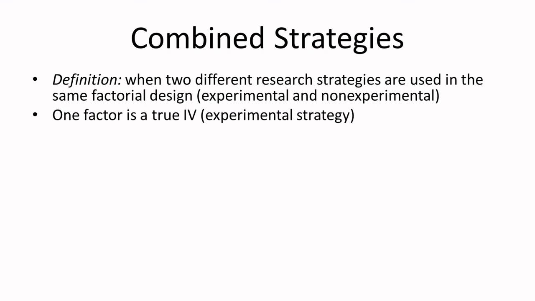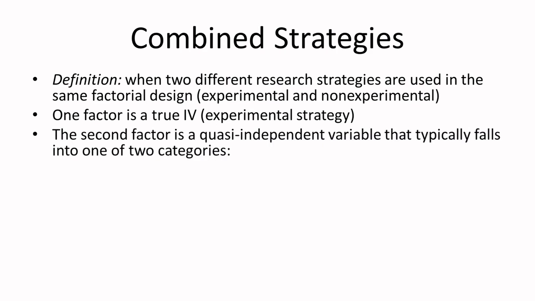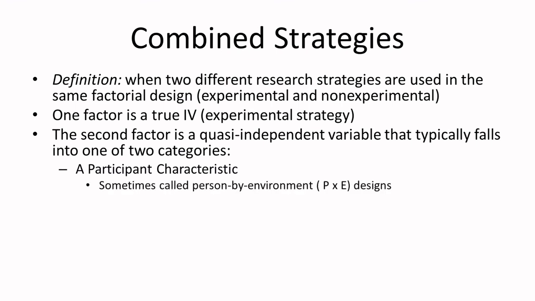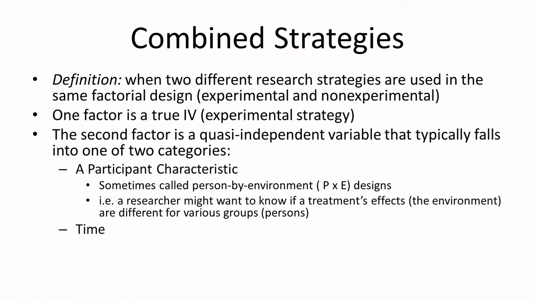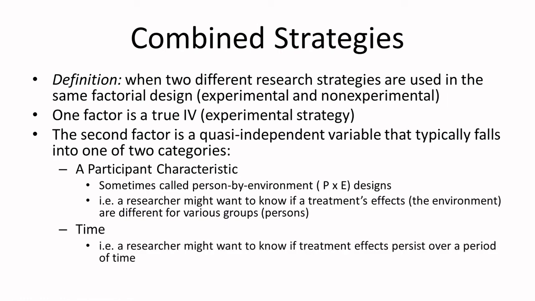So typically with a combined strategy, you have one true independent variable, and then that second variable is usually something like gender or ethnicity. It's like a quasi-independent variable typically, and it falls into one of two categories: a participant characteristic, like the ones I've mentioned, or a time characteristic. So maybe as a researcher, you just want to know if your treatment effects will persist over a period of time or whether they will be short lasting.